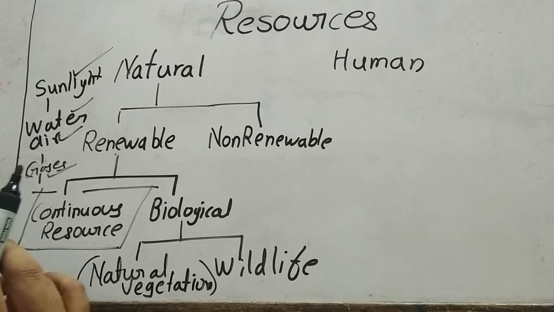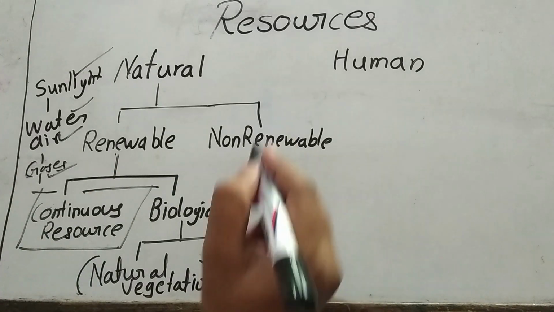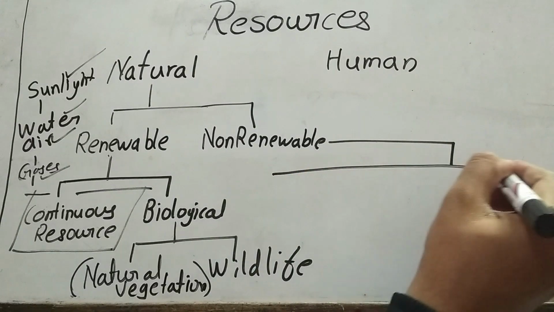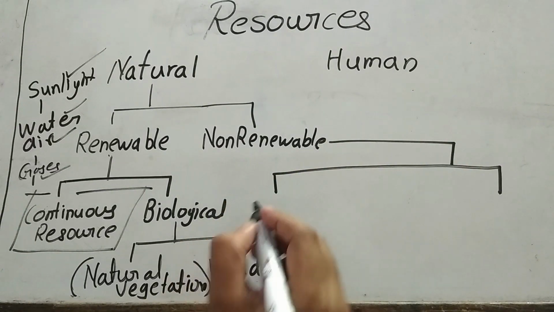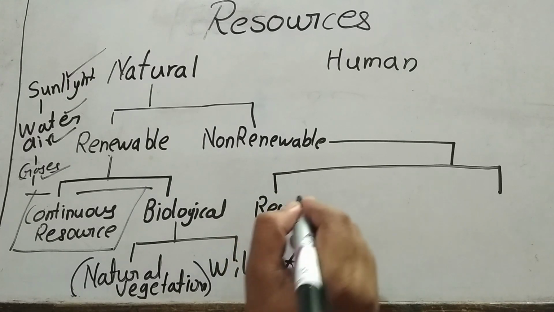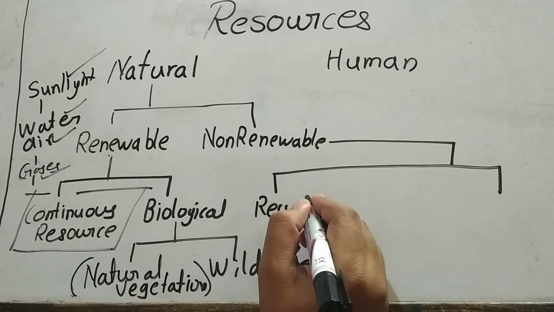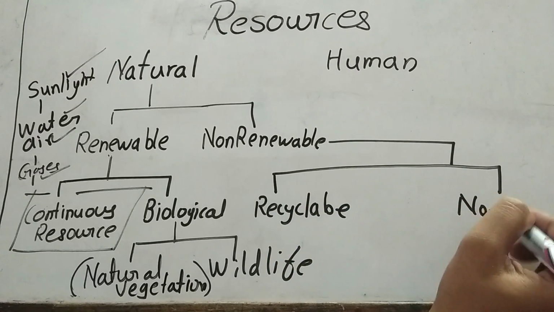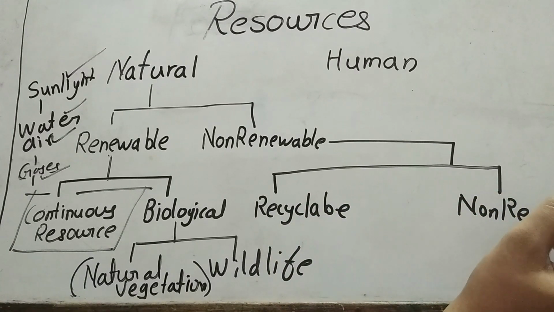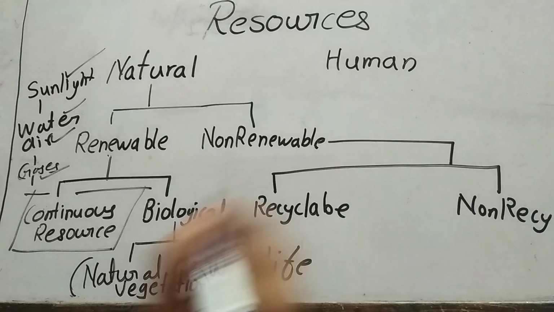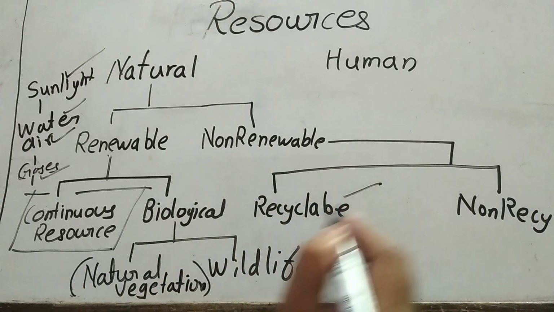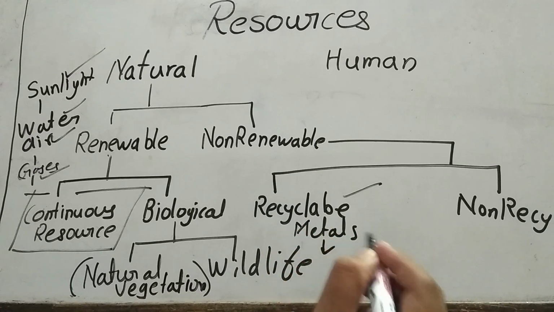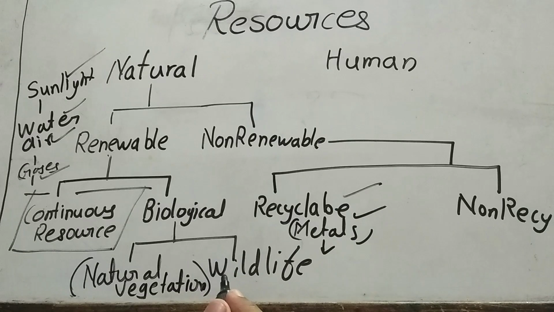Natural resources, non-renewable resources. The non-renewable resources come under 2 categories. Those categories are recyclable and non-recyclable. Recyclable, all metal comes under the recyclable.